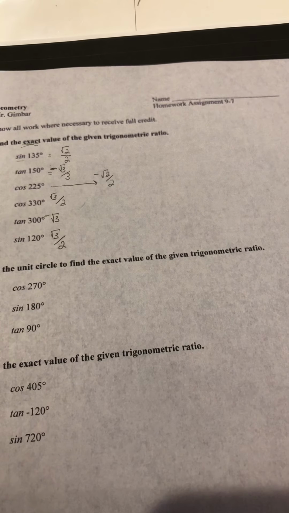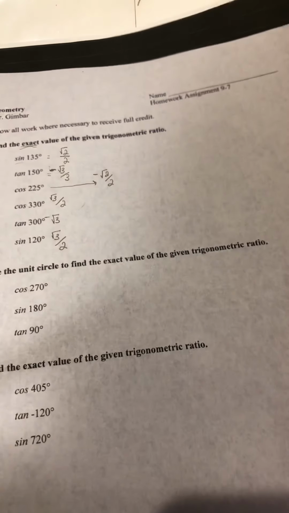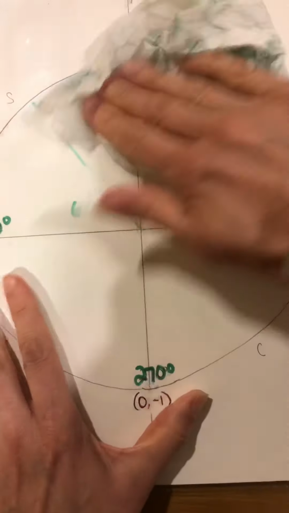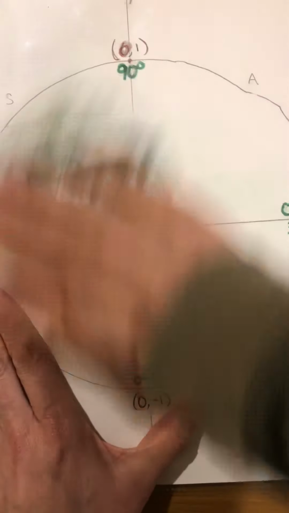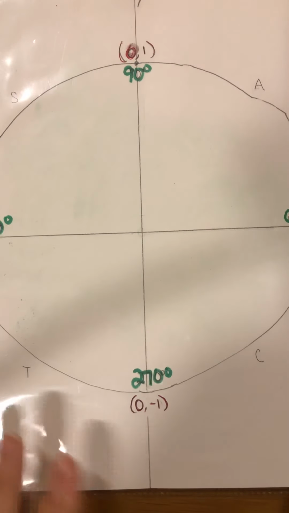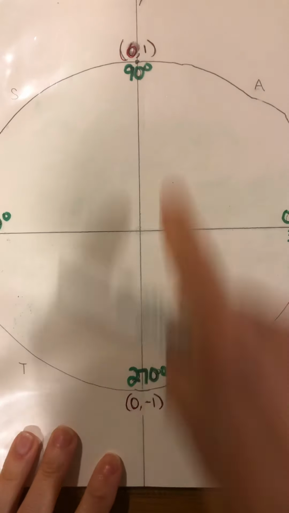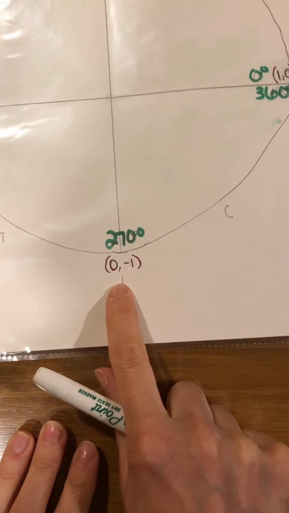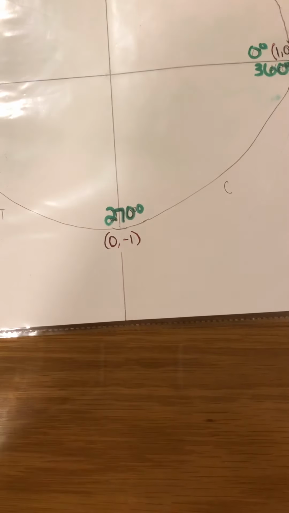Okay, 7 through 8. Number 7, cosine of 270. Here is where we are going to use the ordered pairs. So 270 is right down here, and our ordered pair is 0, -1.